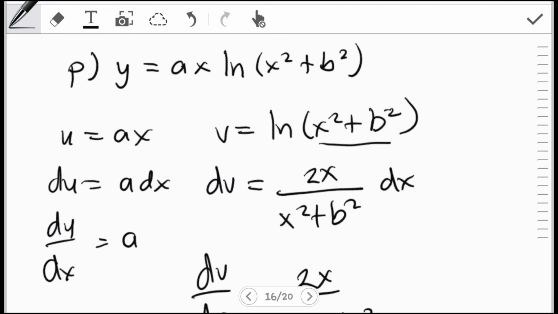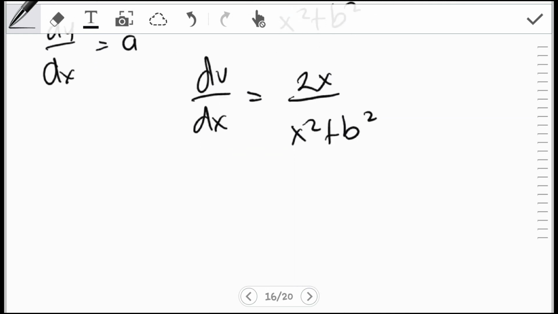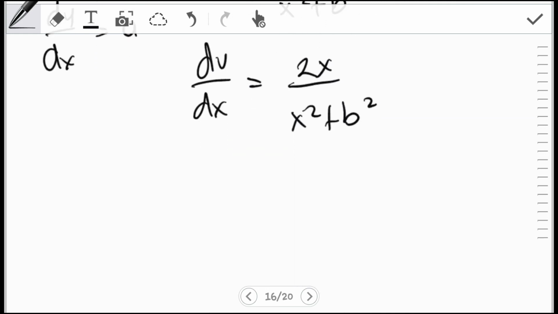So since the problem is product rule, also we apply the product rule formula of differentiation of the algebraic function.